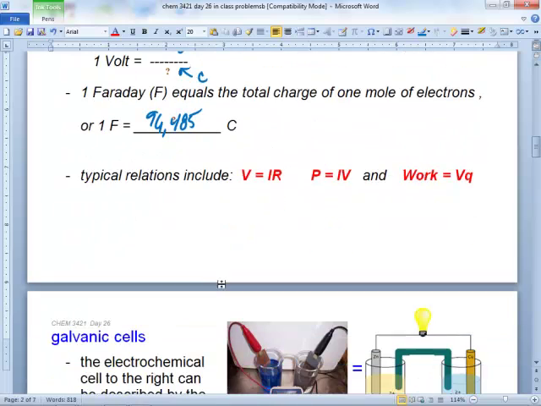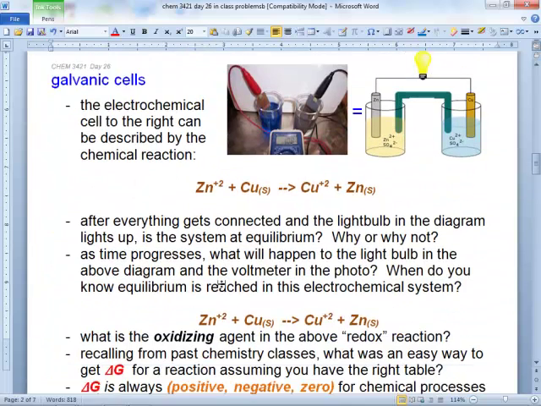Okay. Some galvanic cells. The electrochemical cell to the right can be described by that chemical reaction. So we have zinc reacting with copper, giving copper +2 and zinc solid.